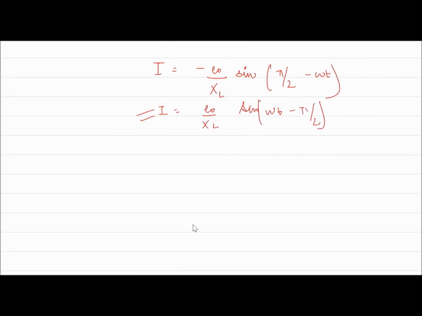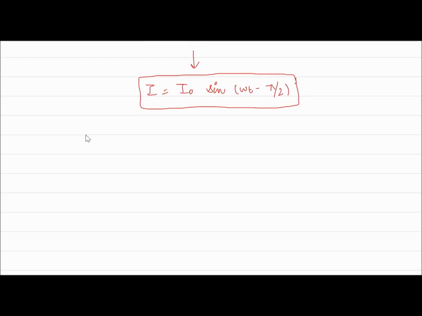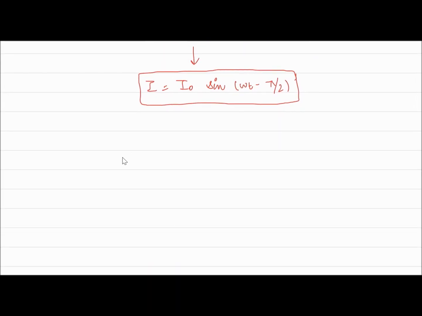Also, this is I equals I naught sine omega t minus pi by 2. Also, the graph for this is, as we can see here, the voltage leads and the current lags.